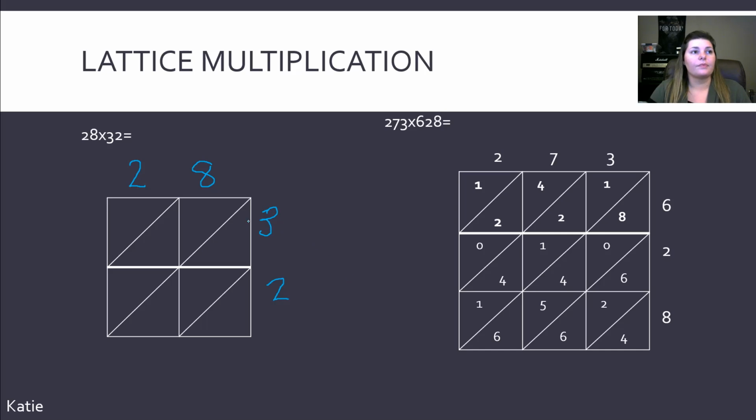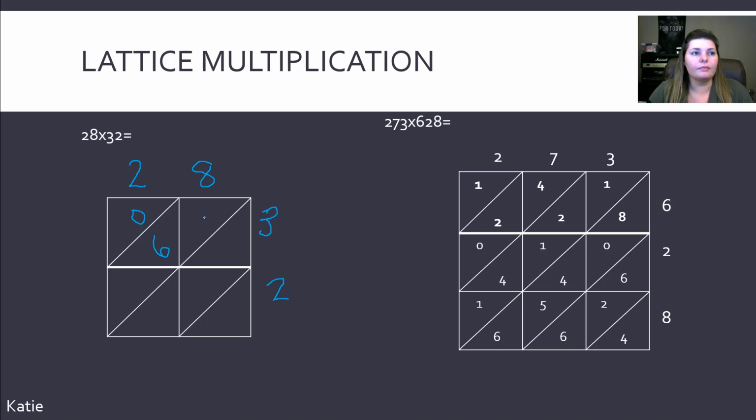Okay, so all we're going to do is just say 2 times 3. 2 times 3 is 6, right? So we're going to place a 6 there. And you may be thinking, well, there's 2 boxes, or this box is cut in half. So to help me, what I do is I just place a 0. That way, we know 0 equals nothing. So we just have it there as a placeholder.